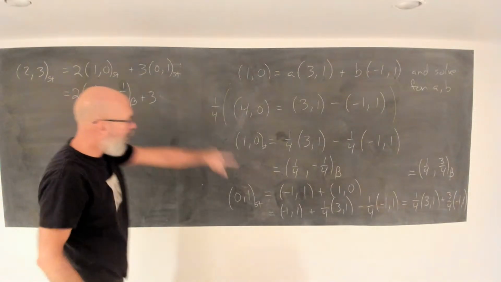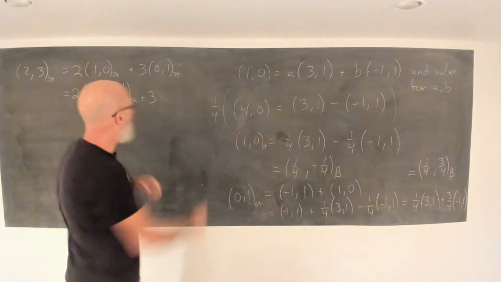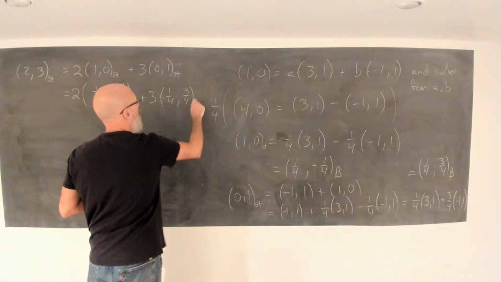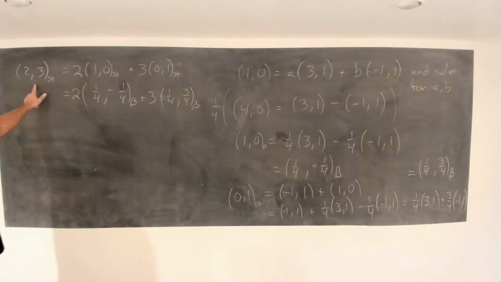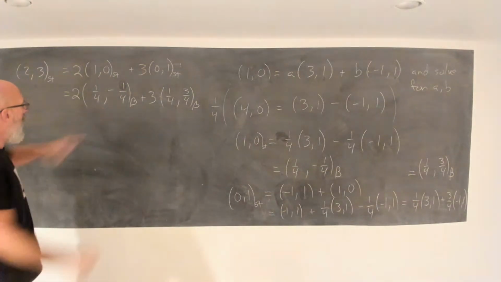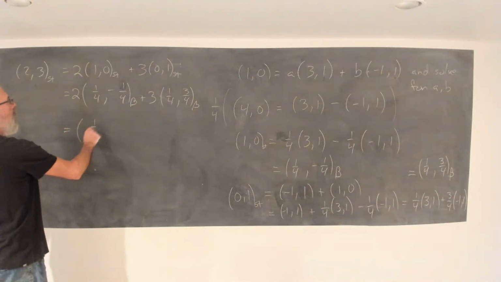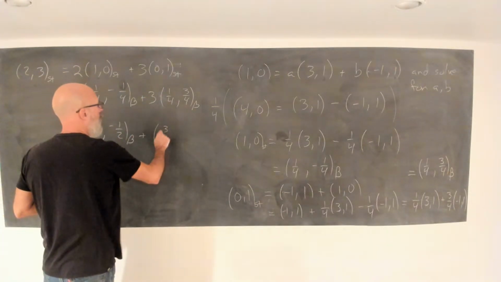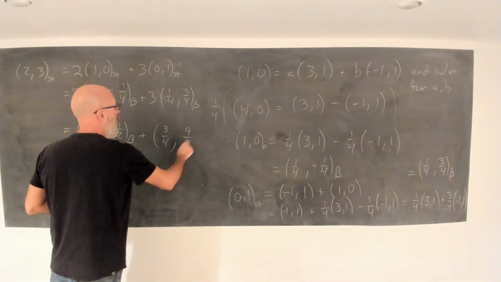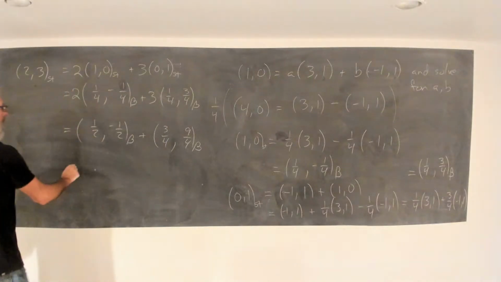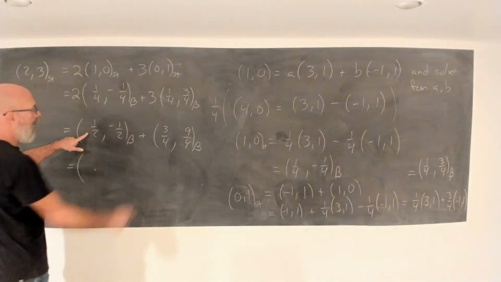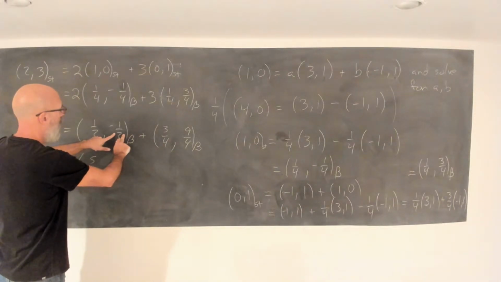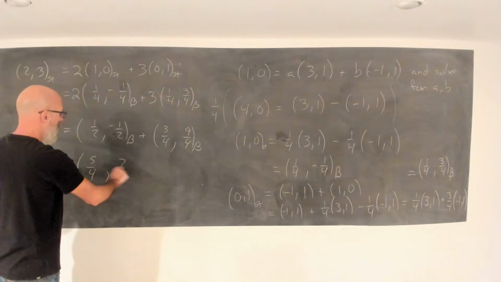And the vector (0, 1) was the vector (1/4, 3/4). So this vector is (1/2, -1/2) plus (3/4, 9/4), and this is going to be (5/4, 7/4). Is that right? 7/4.